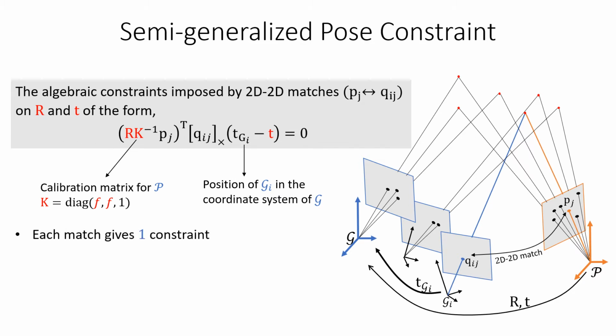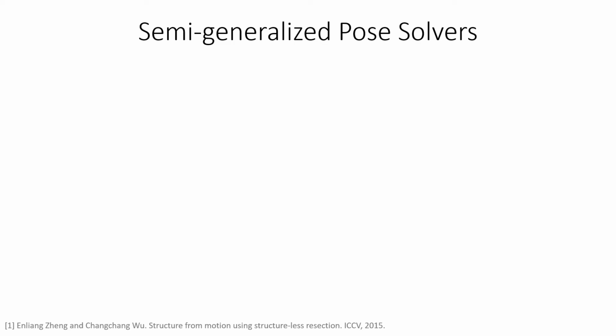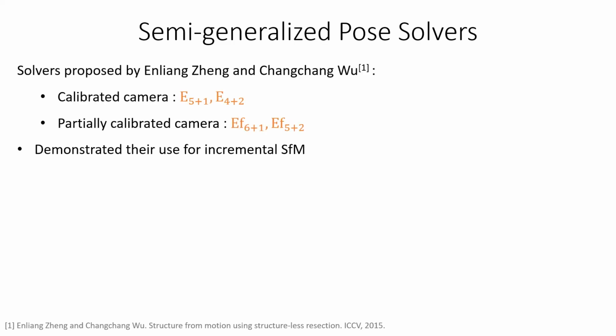Hence, estimating the semi-generalized pose would require solving 6 such equations and hence 6 matches for the calibrated case. Similarly, the partially calibrated case will need 7 matches. Enliang Zheng and Chengcheng Wu proposed a set of minimal solvers for solving such constraints by considering the 4+2 and 5+1 configurations for the calibrated case and the 5+2 and 6+1 configurations for the partially calibrated case.